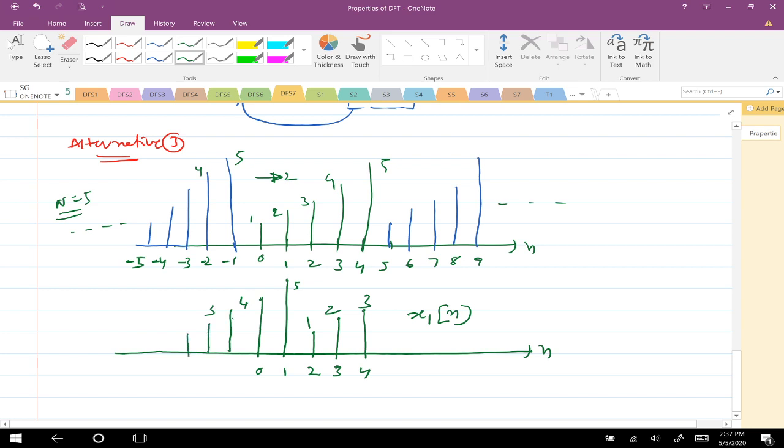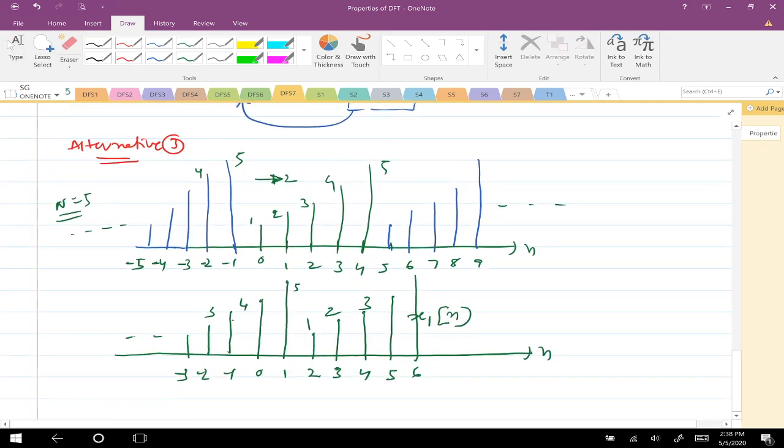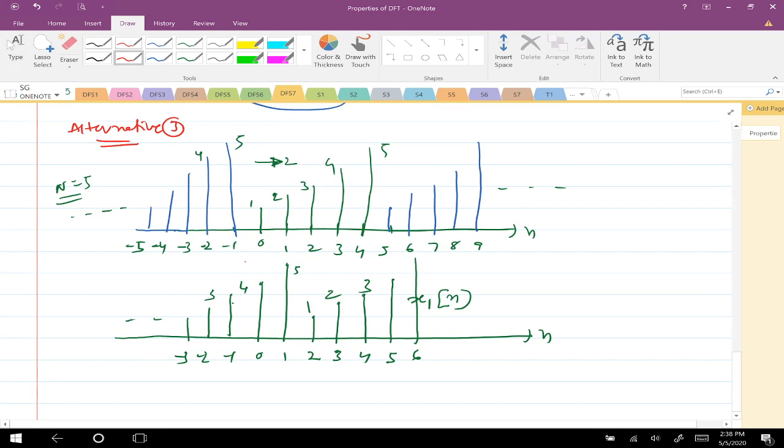Once you shift it, anyway there is 4 5, and of course this is 1 2 3 4 5 6, 0, minus 1 minus 2 minus 3 and so on, and out of that you simply take whatever is there from 0 to n equal to 5, so 0 to 4.